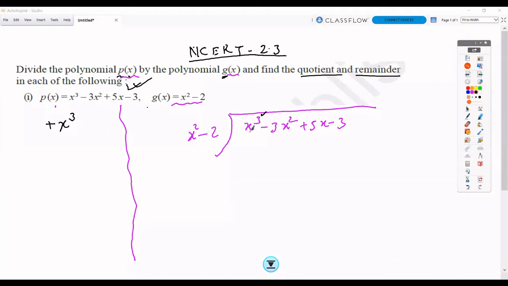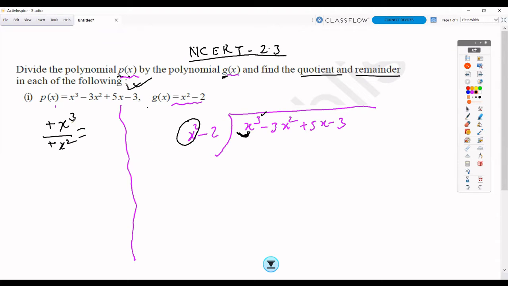Remember, we always take the highest term of the dividend and the highest degree term of the divisor, highest power, along with their sign. Sign means what? Which sign? We are taking the left hand side sign. If this is cube, we are supposed to take this sign. So here x cube divided by x square, this is the highest power term of the divisor.